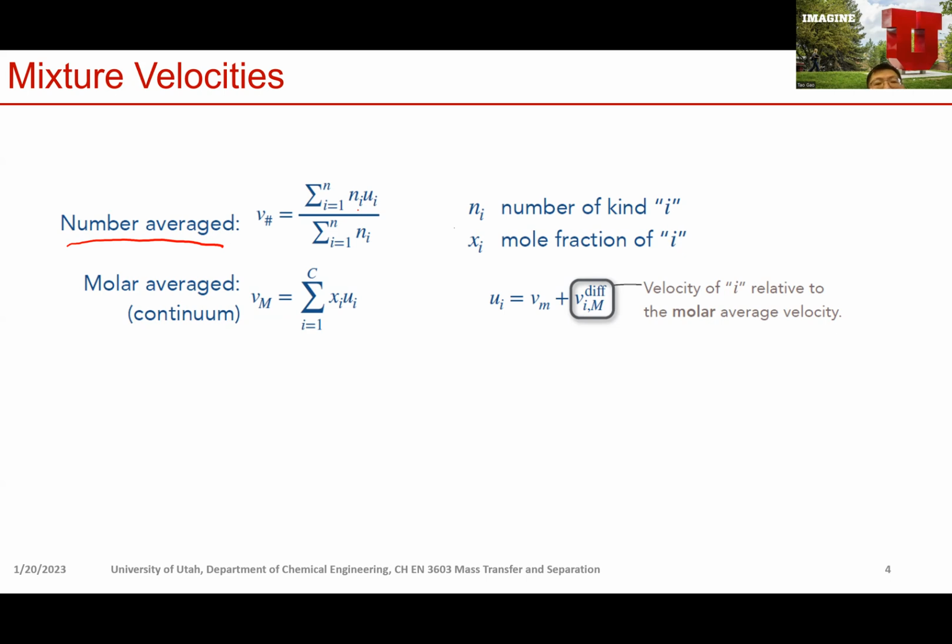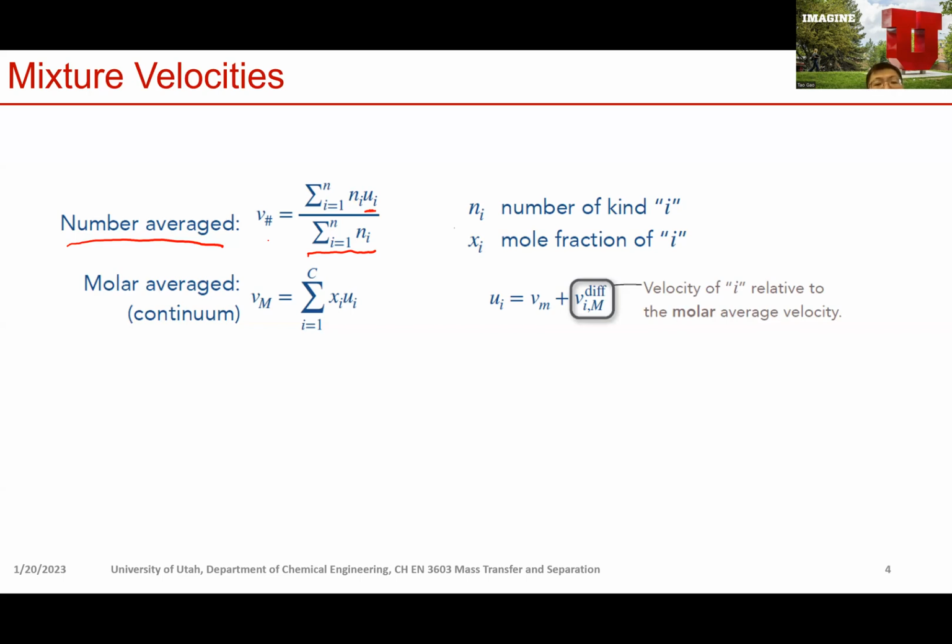Then the number average velocity says, first we can compute the total number of particles, which is very simple. You just sum the individual numbers of particles over all n possible scenarios. Then on the top, if there are n different velocities, and we know the number of particles moving at a particular velocity ui, then we can just sum them together. So that will give us a number averaged velocity, right?